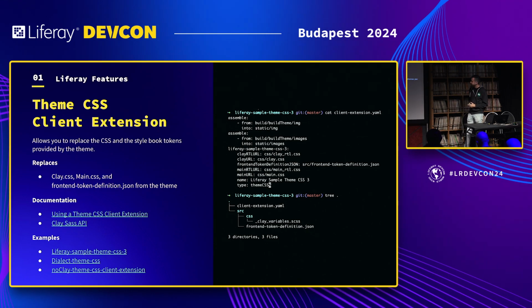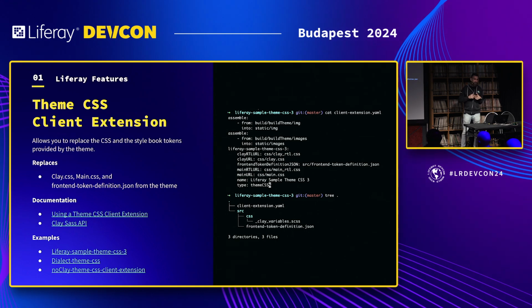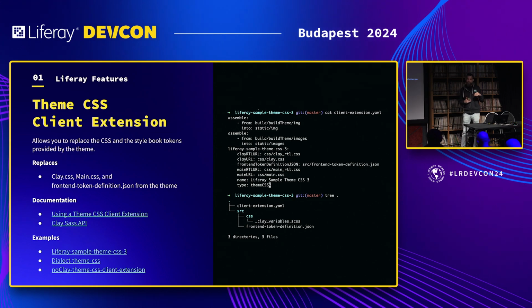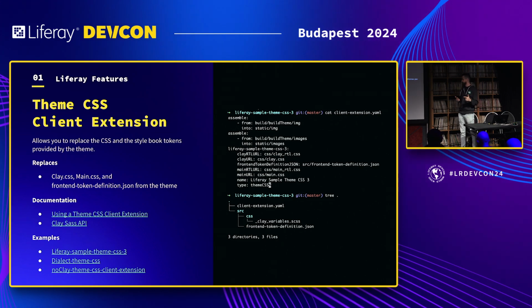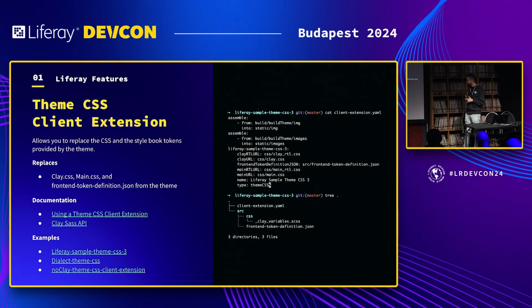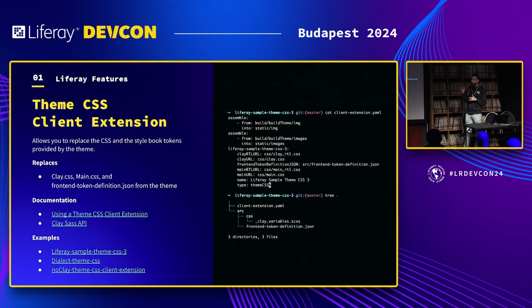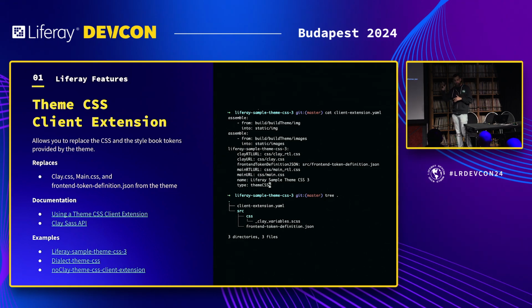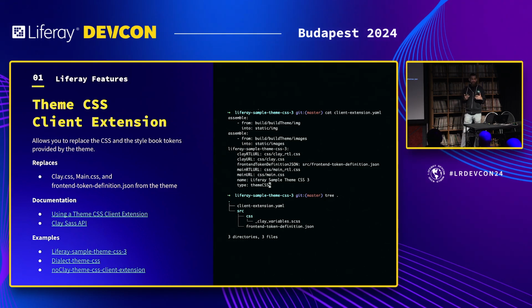So first off, theme CSS client extension, right? This allows you to replace the CSS that's provided by a traditional theme. That includes the main.css and the clay.css files, including as well right-to-left versions of that. In addition, one thing that the theme had that we didn't have available in client extensions for a long time, this was actually just announced on the main stage as well, is the front-end token definition.